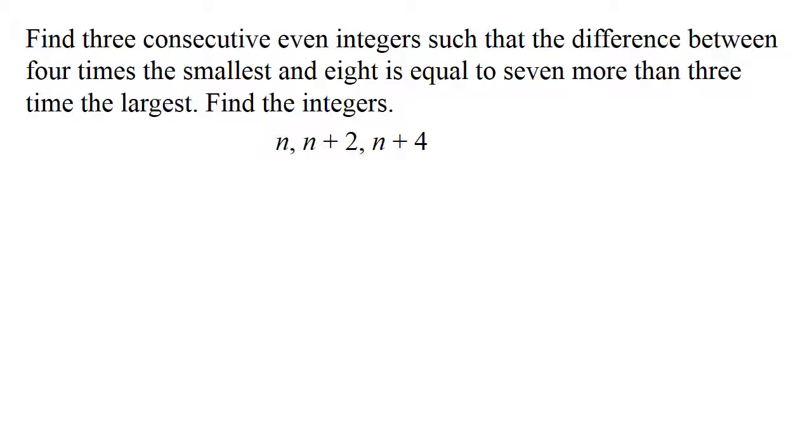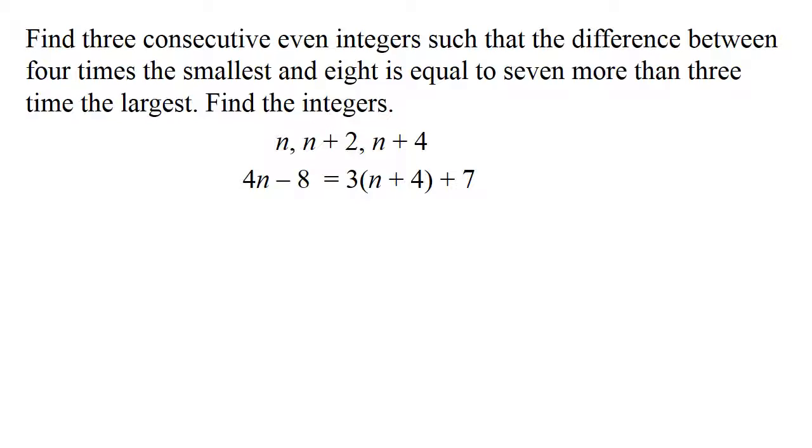And we want the difference between 4 times the smallest, which would be n, and 8. Difference refers to subtraction, so we take 4 times n and subtract 8. That's going to equal 7 more than 3 times the largest. Well, the largest is n plus 4. So 3 times that, and then 7 more means add an additional 7 on top of it.